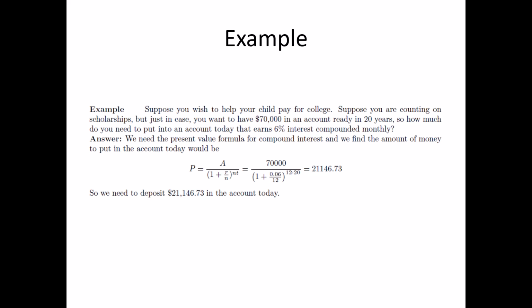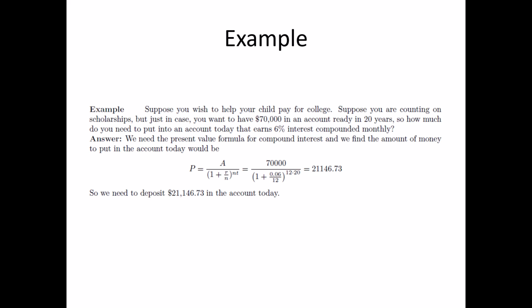Our A value that we're achieving is 70,000. Our time frame is 20 years. We are talking about our annual rate being 6%, so we convert that to a decimal, 0.06. And then our compounding monthly means that n is 12, and that's how all of those words translate into our formula.